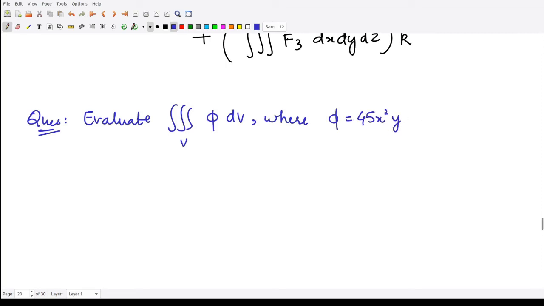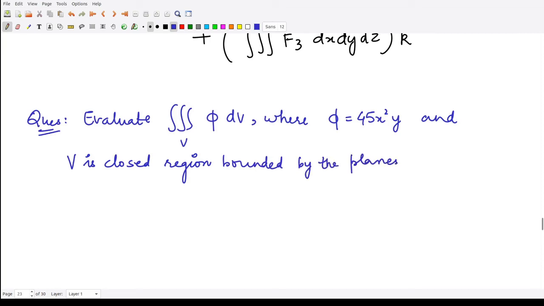So this is the scalar point function that is given to us, and we are to calculate its volume integral on the region V, where V is the closed region bounded by the planes. The planes are given to be 4x plus 2y plus z is equal to 8. This is one plane. Another plane is x is equal to 0. Then we have y is equal to 0 and z is equal to 0.